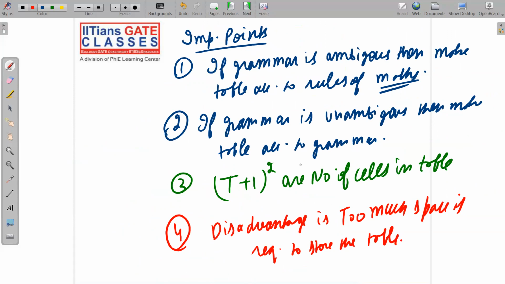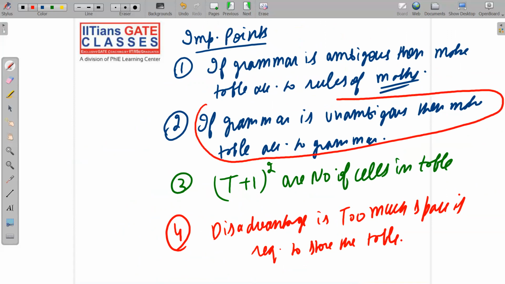So these are a few important points which we should remember. Now let us study this part. If grammar is unambiguous, then make the table according to grammar. So how you will construct it? I will show you this now. Please note it down carefully. I will jump to the next slide now.